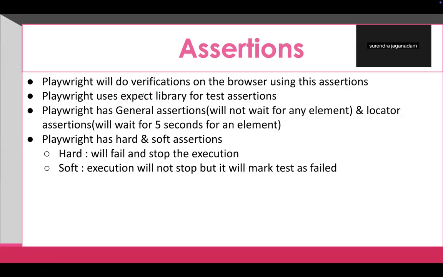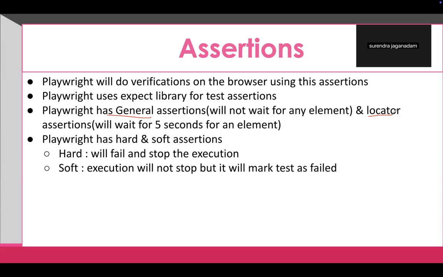And Playwright uses the expect library for testing these assertions. In order to use expect, it's mandatory for us to import it. Playwright has general assertions as well as locator assertions. An example of a general assertion: consider there is text displayed on the browser for a button object.